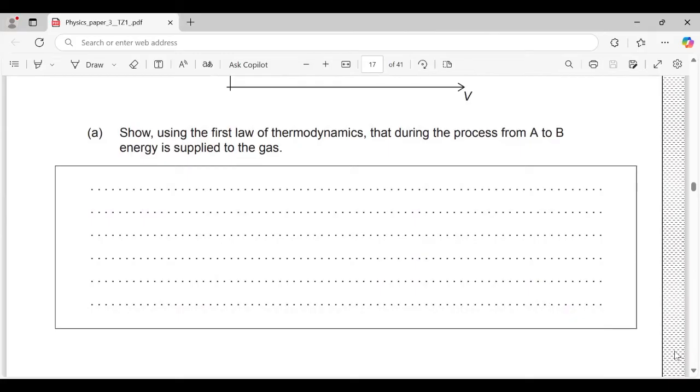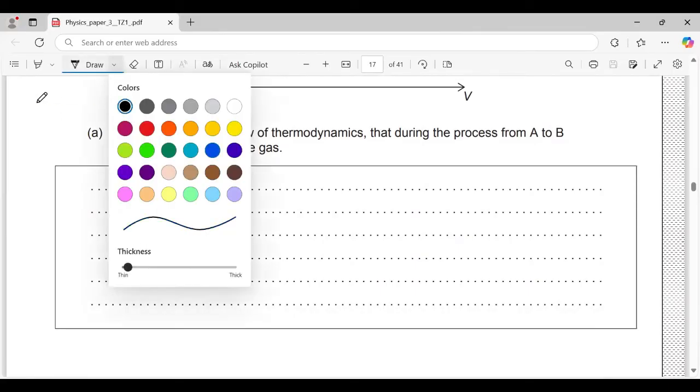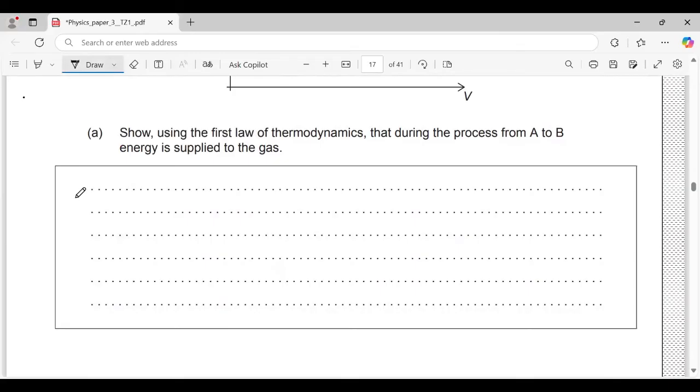The first law of thermodynamics is expressed as delta U equals Q minus W, where delta U is the change in internal energy of the gas, Q is the heat added to the gas, and W is the work done by the gas.